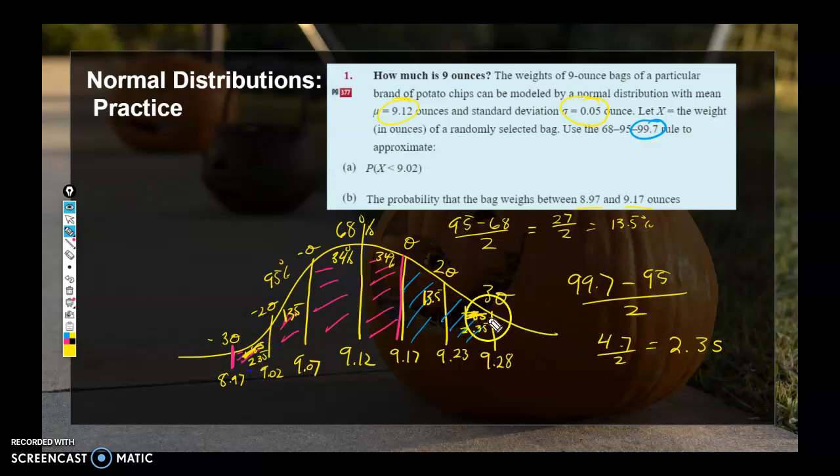All right, so which slice do I want? I want this slice and this slice. So 34 plus 34 plus 13.5 plus 2.35, right? So all my slices added up would be 83.85%.